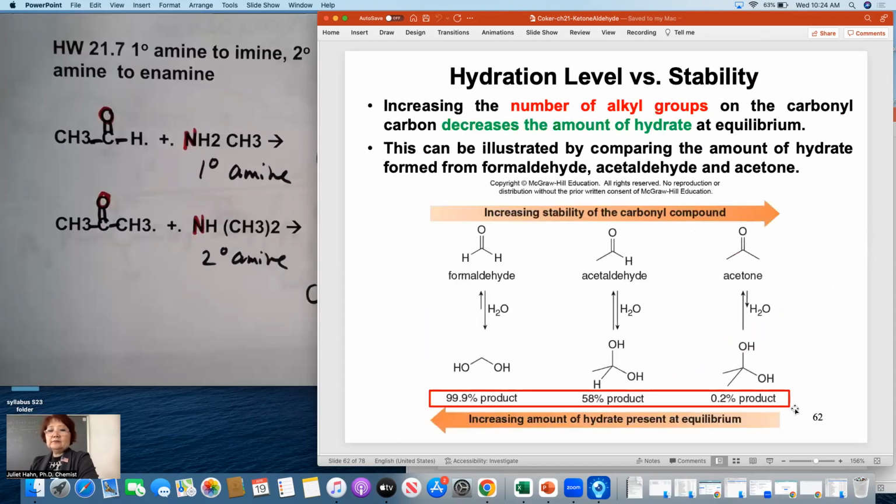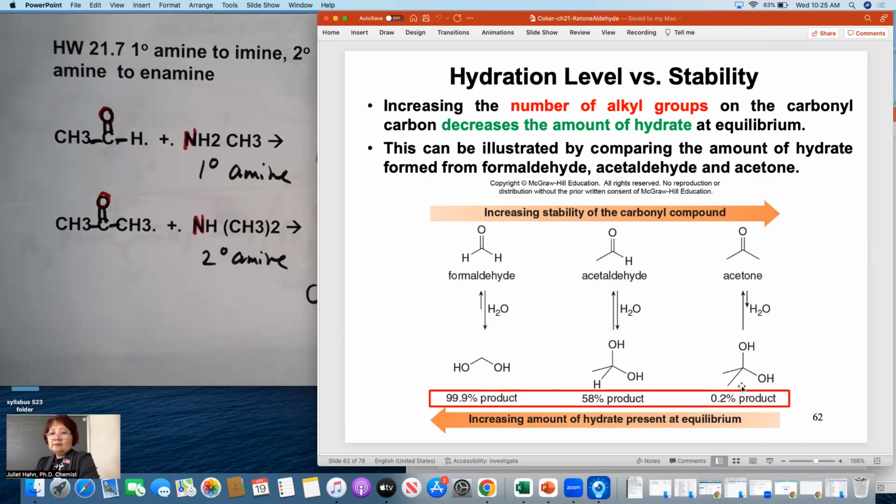Okay, now this is kind of interesting. If you have a very unhindered carbonyl carbon, you will get primarily the addition of water in its natural state. If you have formaldehyde, you have the hydrated version of formaldehyde in 99.9% under normal conditions.